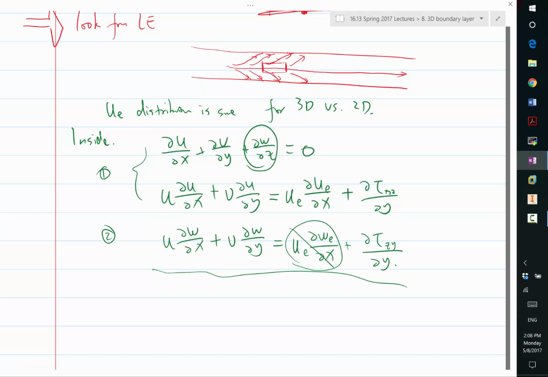Okay, so you can do that, not just for an airfoil, but for any flow that is homogeneous in the third dimension. For example, you can solve this for Falkner-Skan flows, right? For Falkner-Skan flows, you have a change of UE that is of polynomial form in the X direction.